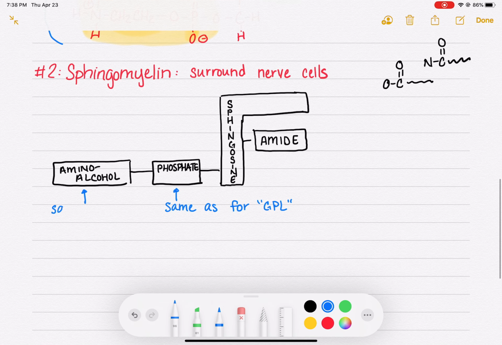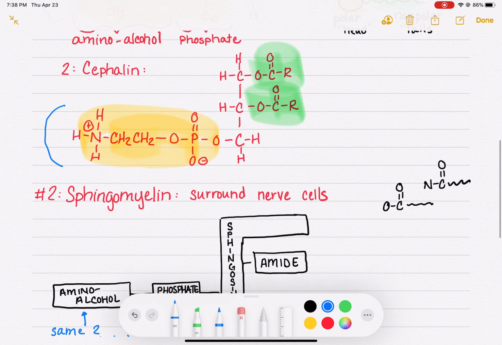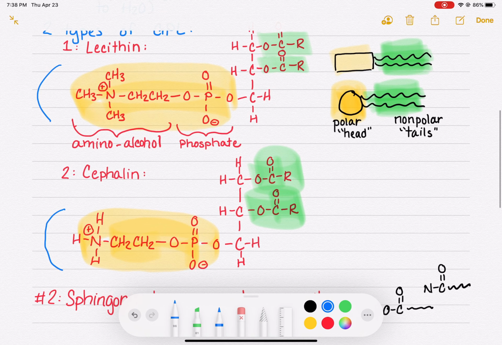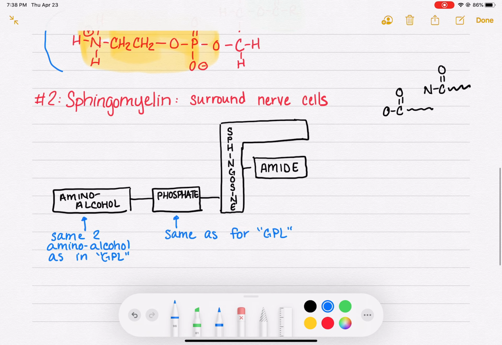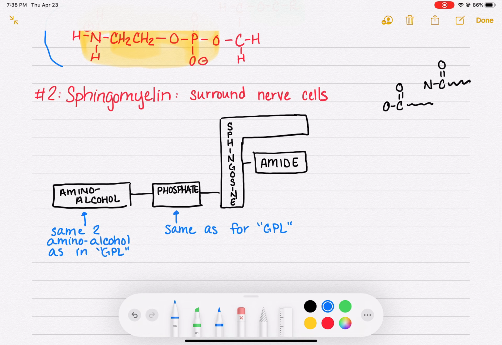So again, we have the same 2 amino alcohols as in the glycerophospholipids, but with the sphingomyelins, we don't give them different names based on their amino alcohol. With the glycerophospholipid, we will call it a lecithin or a cephalin based on its amino alcohol, but that's not the case with sphingomyelins. No matter what, we just call it a sphingomyelin.